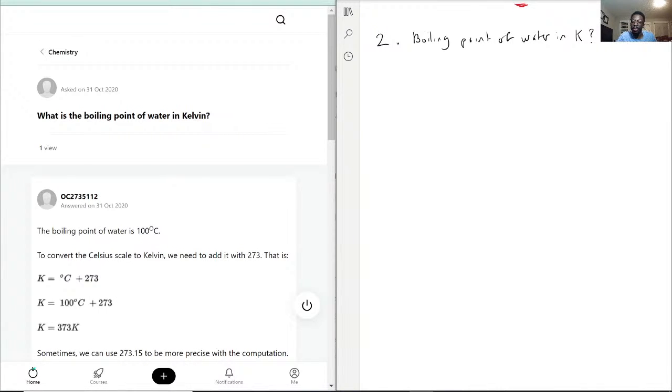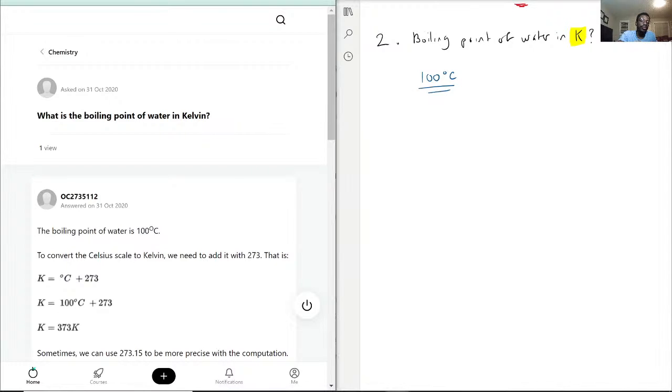When we discuss the boiling point of water, we know that it's typically 100 degrees Celsius. That is the commonly known boiling point of water. But it's not asking for Celsius, it's asking for Kelvin. How do we go from Celsius to Kelvin? Well, your teacher or professor might ask you to memorize this because it does reoccur frequently in a lot of chemistry equations where you're using Kelvin instead of Celsius.